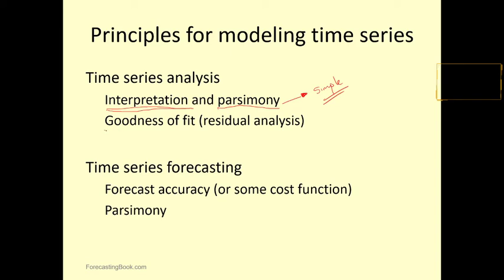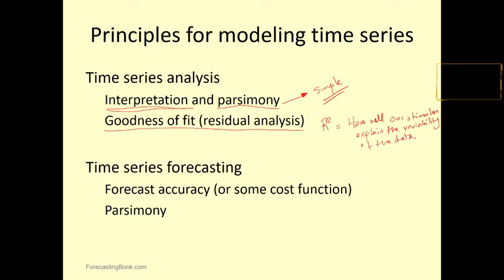The next one is the goodness of fit, residual analysis. In this one, we are going to try to find the best R squared. This is how well, or to what extent, our estimation explains the variability of the data.